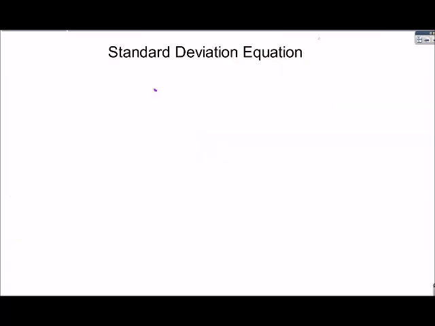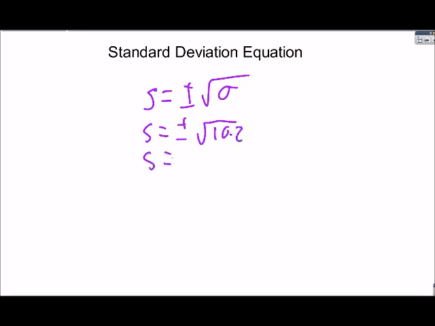My standard deviation equation is simply standard deviation is equal to plus or minus the square root of our variance. So from our previous example, our variance was 10.2. So my standard deviation is plus or minus 3.2.